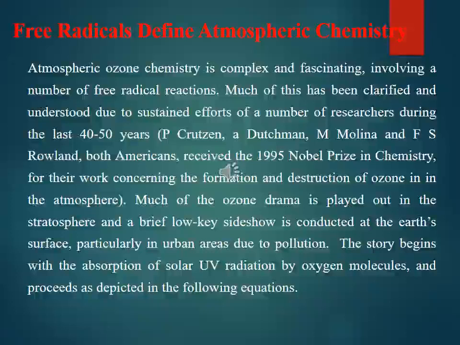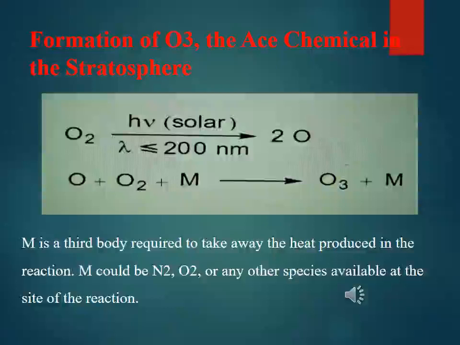This story begins with the absorption of solar ultraviolet radiation by oxygen molecules and proceeds as depicted in the following reactions. Oxygen, in the presence of ultraviolet radiation whose wavelength is less than or equal to 200 nanometer, is converted into atomic oxygen by the photolysis process.